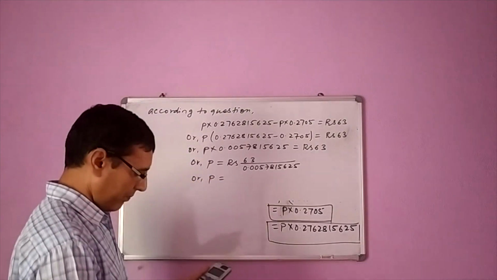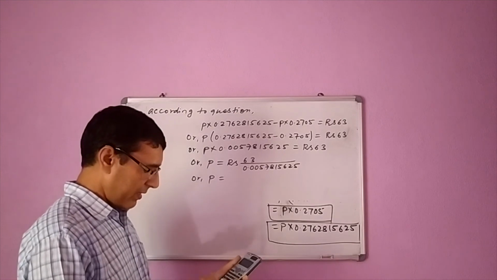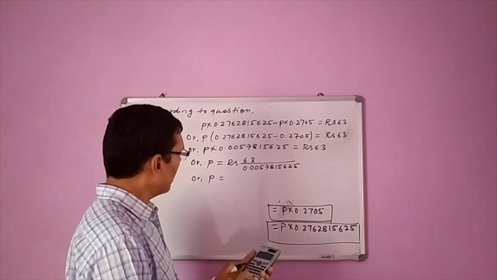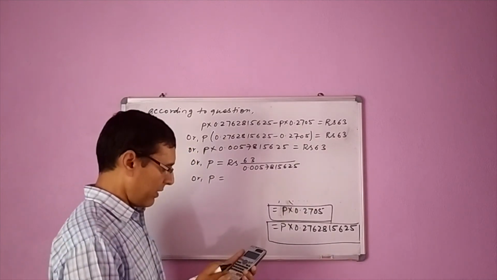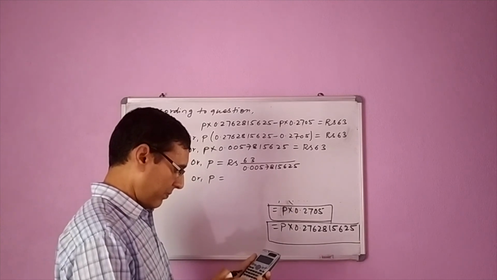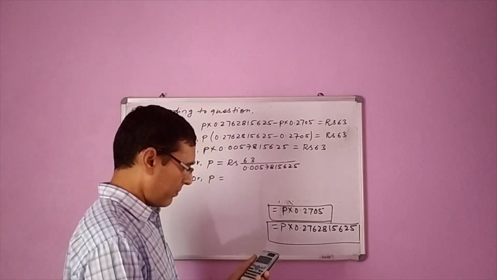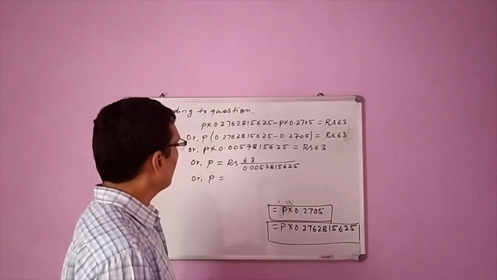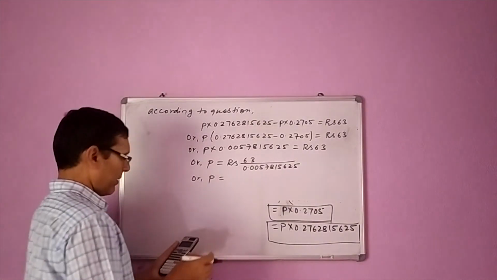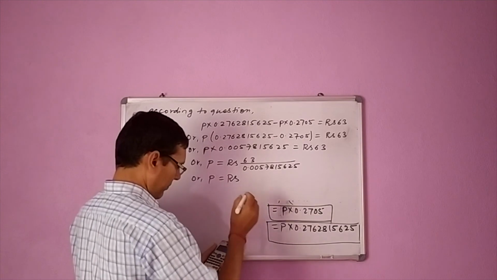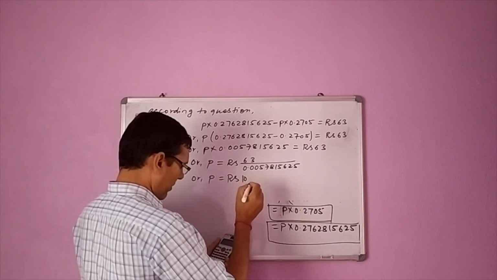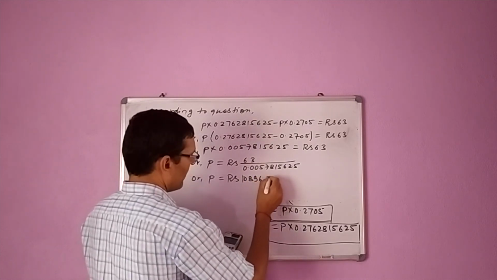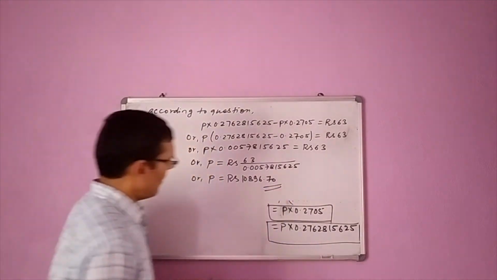When you divide 63 by 0.0057815625, we get 10,896.70. So this is the required principal, required sum.